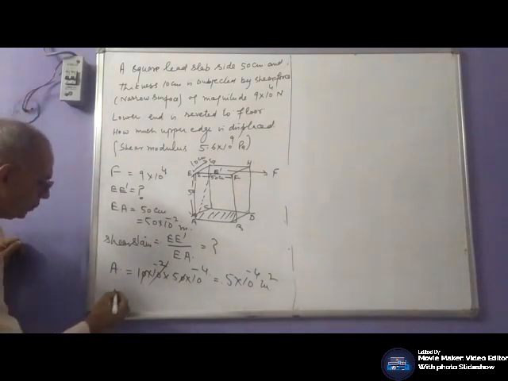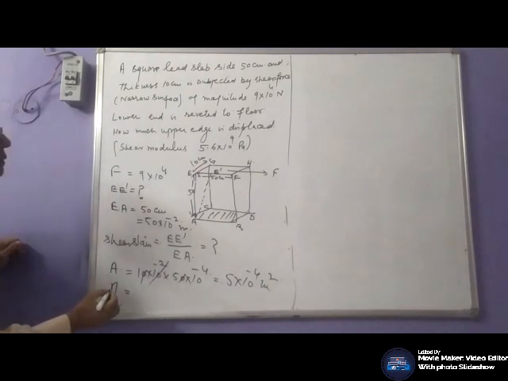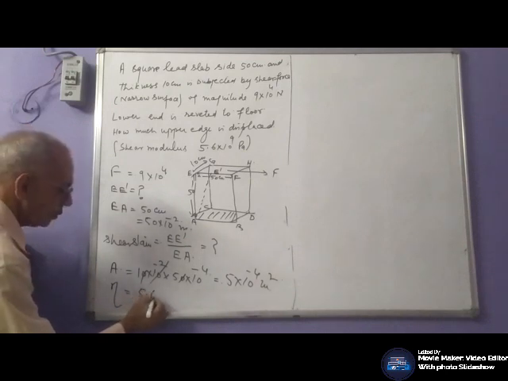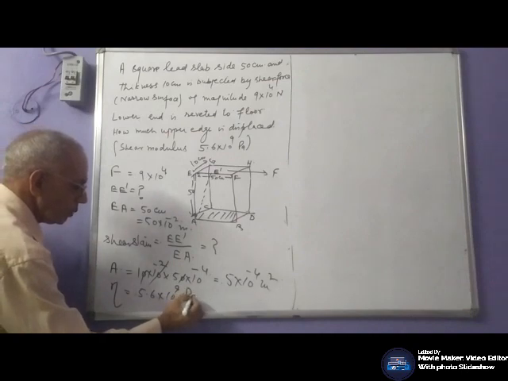Sorry, eta, the shear modulus, is 5.6 × 10^9 Newton per meter square, Pascal.